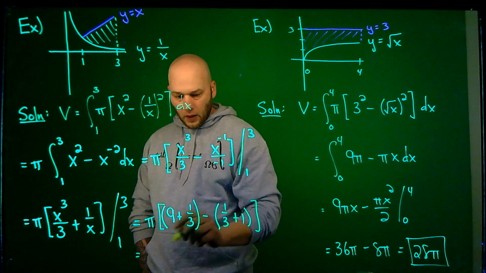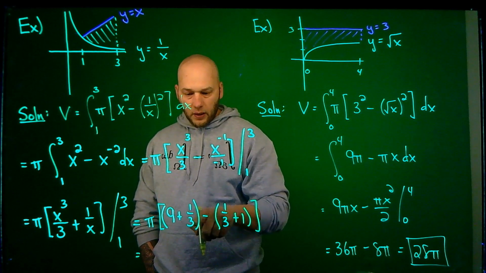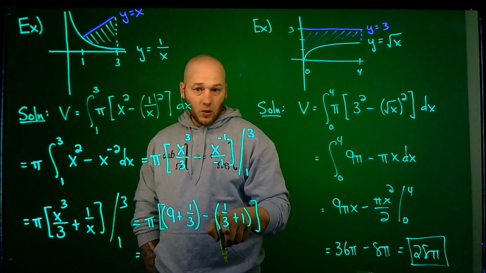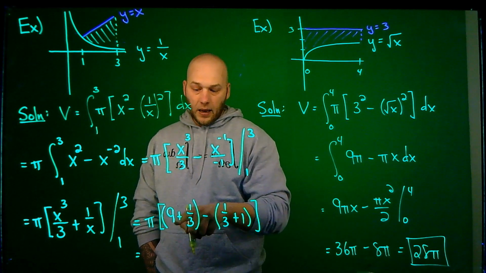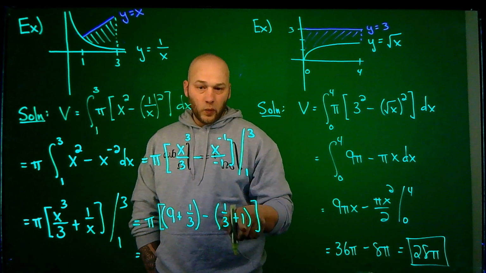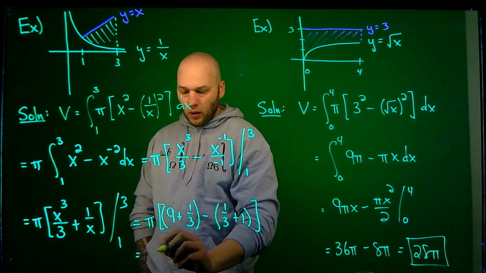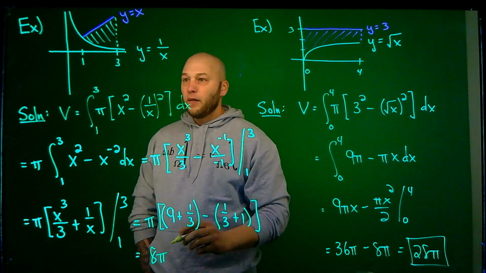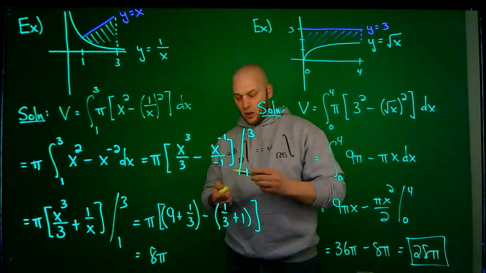Okay, and then if I distribute the negative through here, notice I would have a positive 1/3 minus a 1/3, which is going to cancel. And then I'm going to get 9 minus 1, which is 8, giving me a total of 8 pi for the volume using the washer method.